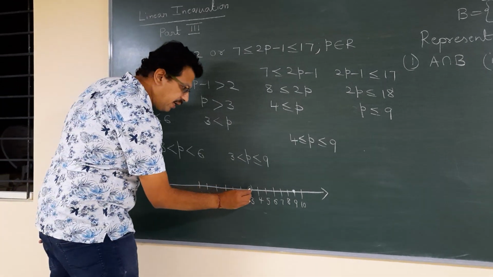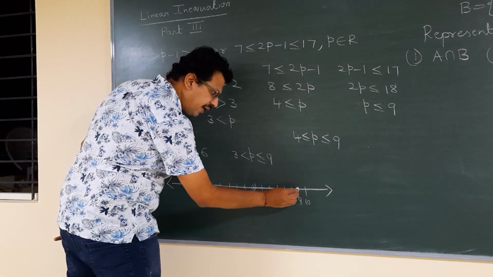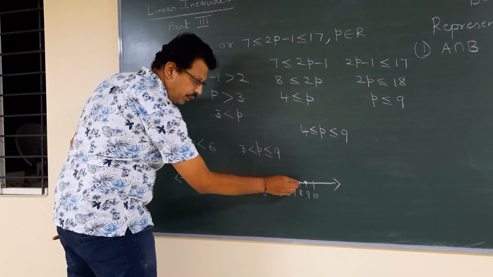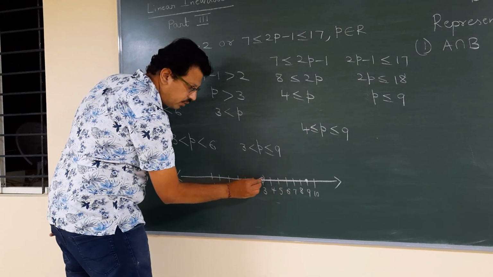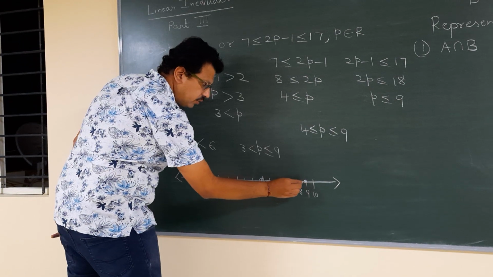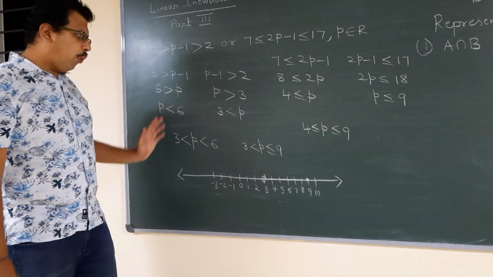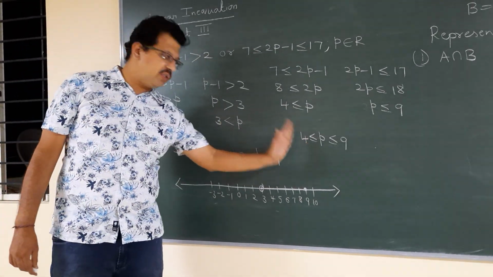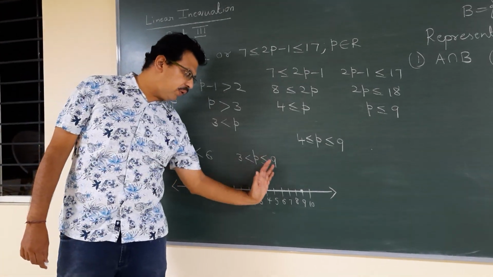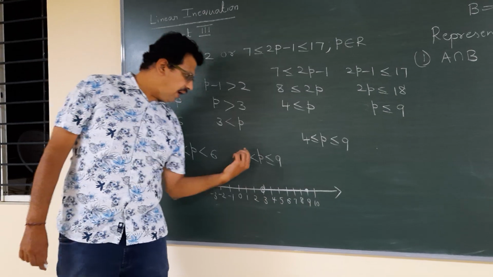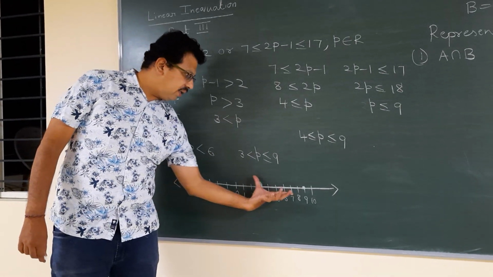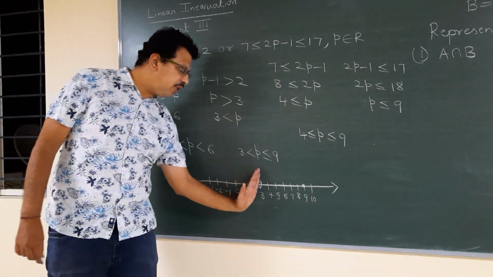So the numbers which lie between 3 and 9, but 9 is included. This is a hollow circle and this is a darkened circle. So children, you should understand, we have combined these two inequations and written that 3 is less than p less than or equal to 9. 9 is included here and 3 is not included. The numbers will become from 3 to 9.